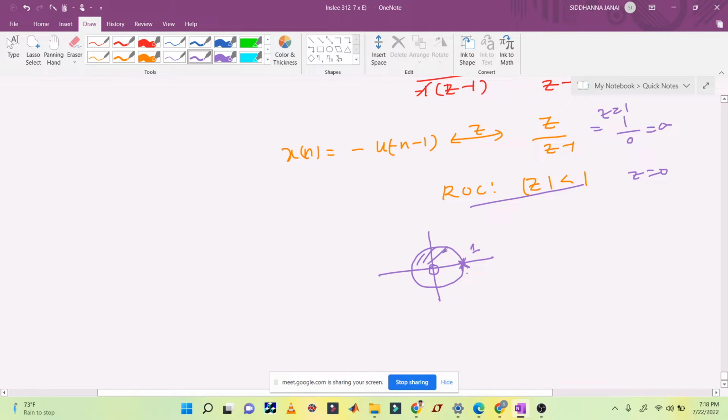That means this is the ROC. So it can include 0, but it cannot include the pole. Okay, so this is how we are going to write the ROC of the Z transform which we have calculated.